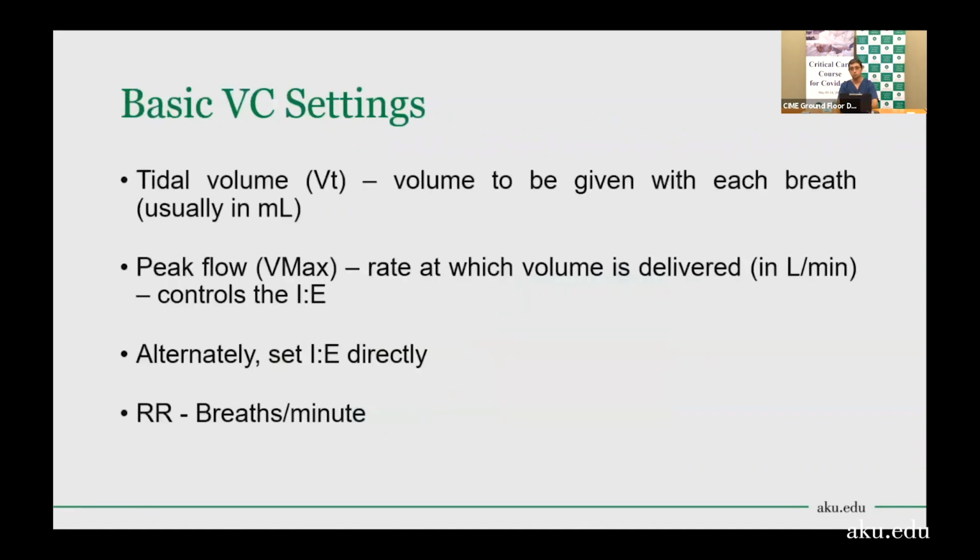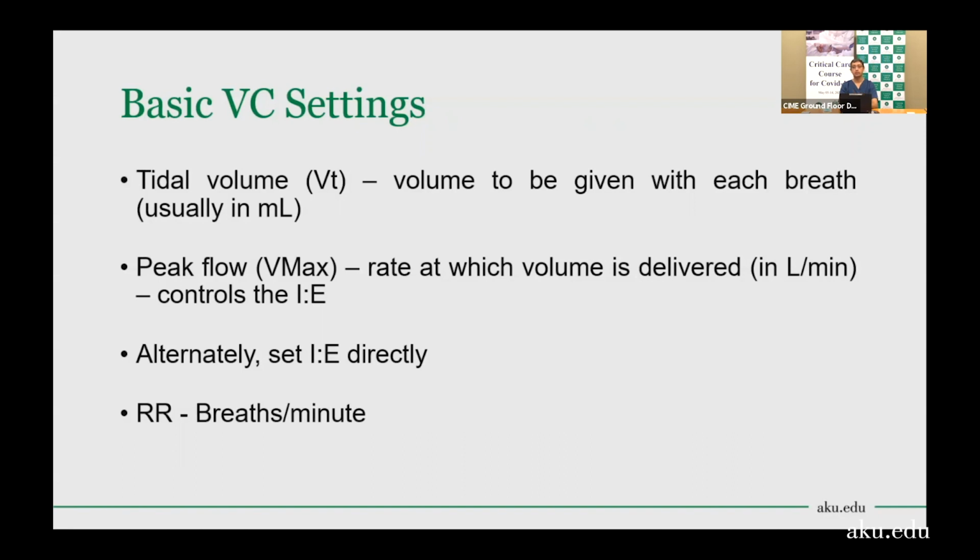What does it do? Well, the tidal volume that you dial will be according to the ideal body weight, 6 to 8 ml per kg ideal body weight, and it will deliver that with each breath. The peak flow is the rate at which the volume is delivered in liters per minute, and it controls the inspiratory-expiratory ratio, or you can set in certain ventilators the I:E ratio directly. And then you have the respiratory rate, breaths per minute.